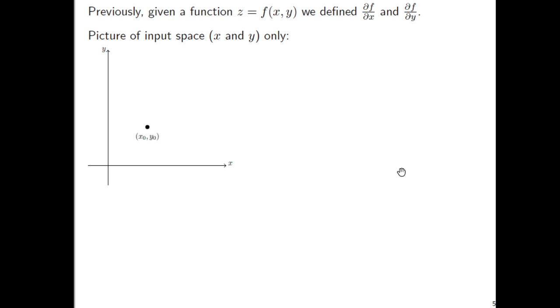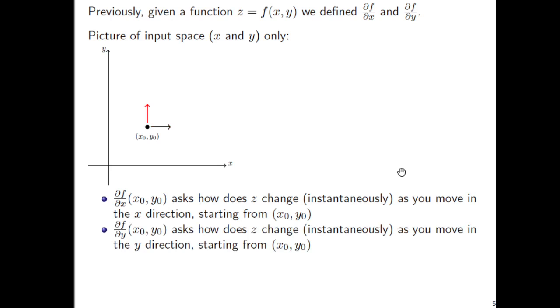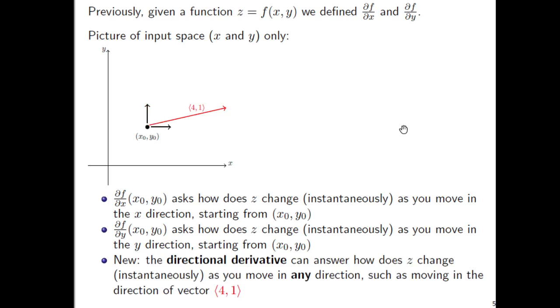If we picture what's going on using just the input space of x and y, so this is just a picture of the input dimensions and does not include the z-axis, then the partial derivative of f with respect to x at the point x naught y naught asks how z changes as you move in the x direction, while the partial derivative of f with respect to y asks, if you start at this point here, how z changes if you keep x constant but move just the y coordinate.